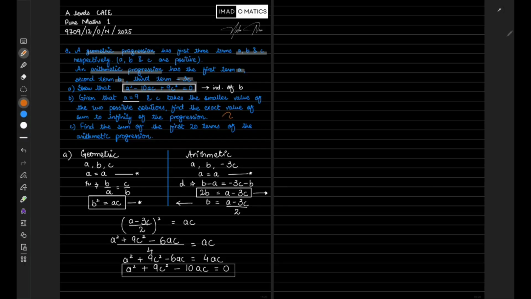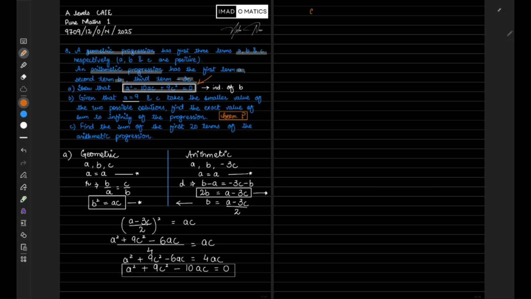So they have not clearly mentioned this, but this is a geometric progression question. Now, given that A is equal to 9 and C takes the smaller value. So A equals 9 means this is the relation that we get. So we can substitute back the A value to get C.